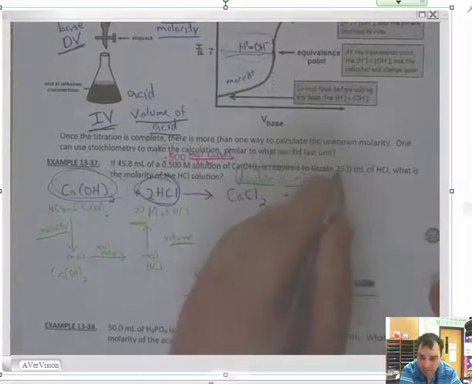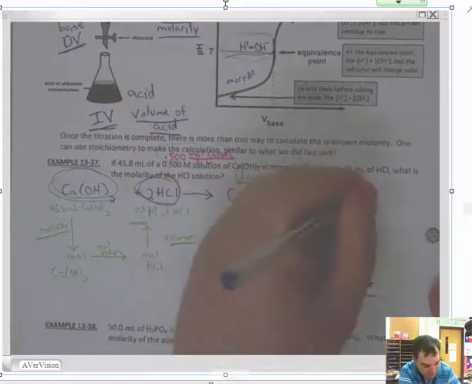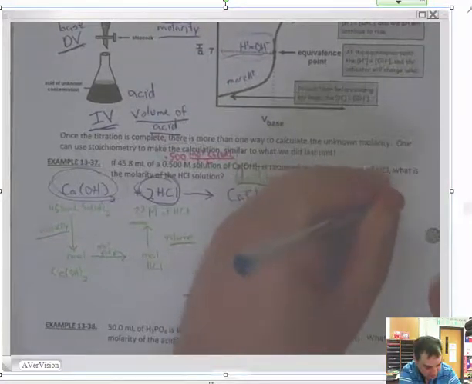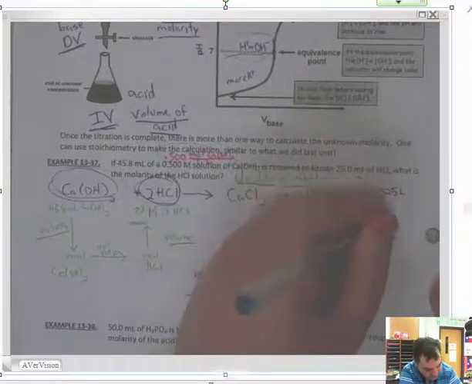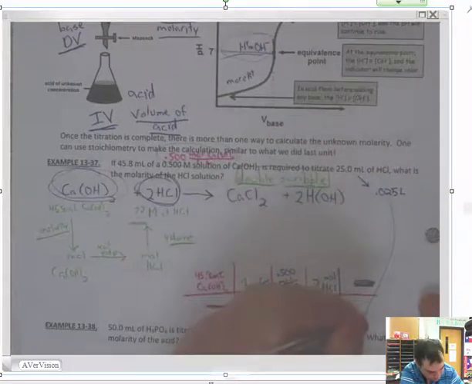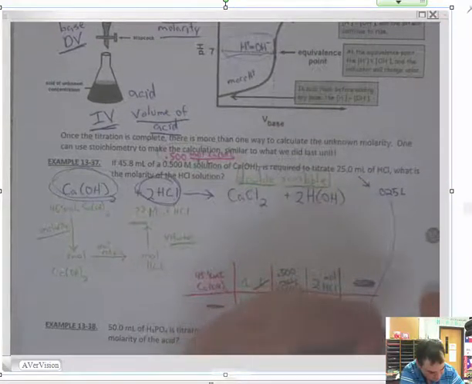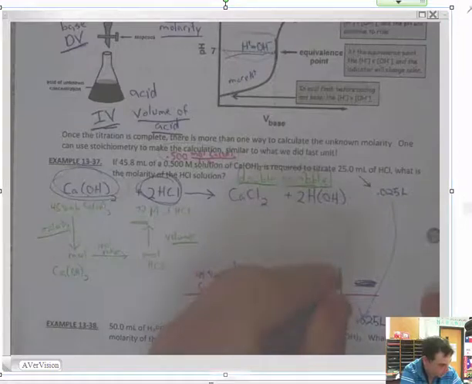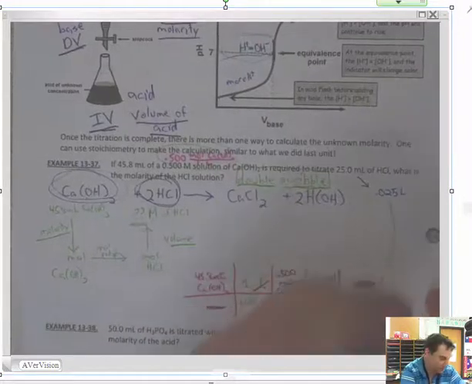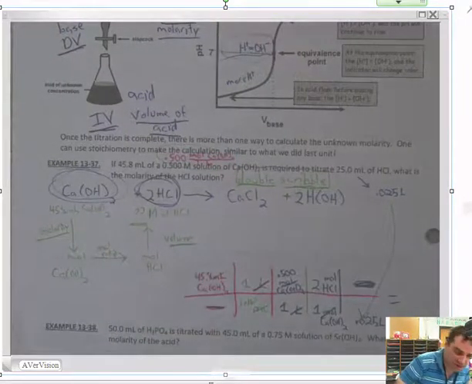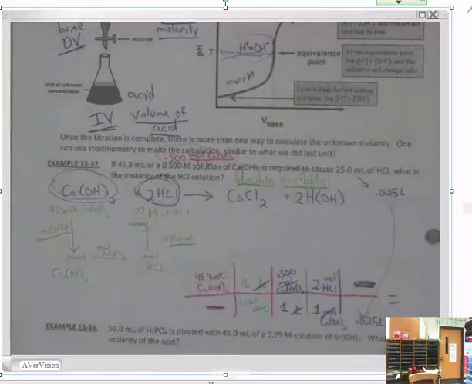here, and we know 25 milliliters is 0.025 liters. That's going to go down here, 0.025 liters. And then we will get an answer. And I don't have a calculator over here, of course, so I have to go get a calculator. Sadness.